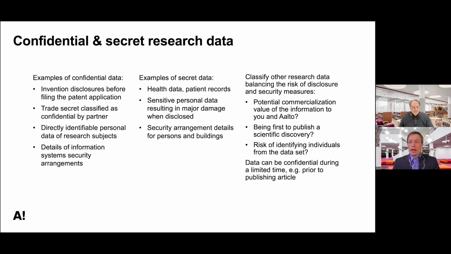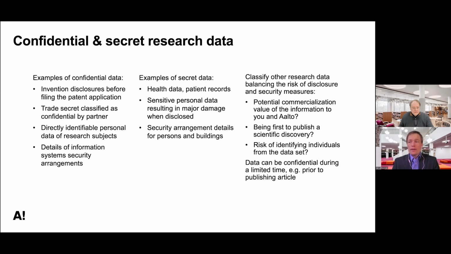And if we have directly identifiable personal data of research subjects, we keep that confidential. Some might be very trivial data like name or email address, even available publicly somewhere, but it's not up to Aalto University or the researcher to publish that information. It's only for the data subject, so we keep the personal data of our research subjects confidential.